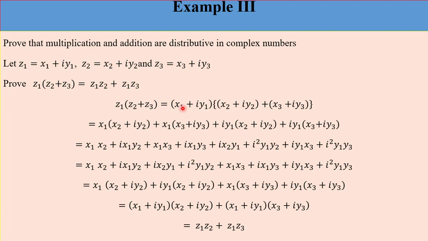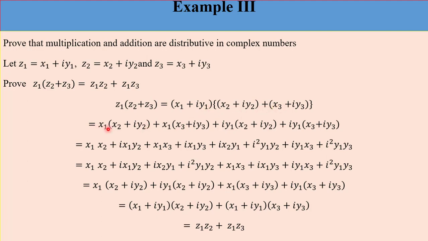So here we shall open the brackets. We can have x1 multiplied in the whole of the first term, then x1 multiplied in the second term. Also we do the same for iy1 for both terms.